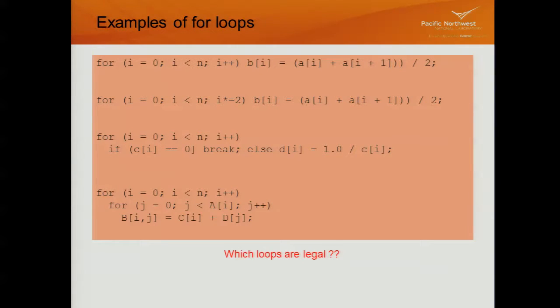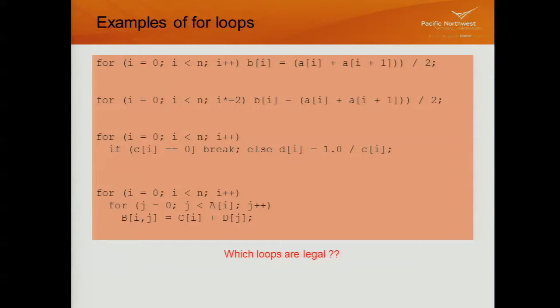Here's another one where I goes from 0 to n, I plus plus. If C of I happens to be 0, then we break, else we assign d of I equal to 1 divided by C of I. And in this one, we have a nested loop, I equal to 0 to n, j goes from 0 to a of I, and then I assign b of i j equal to C of I plus b of I.